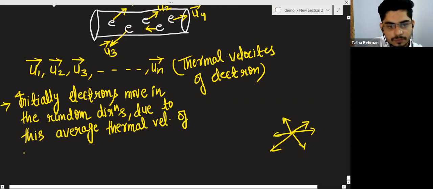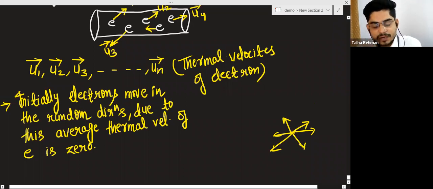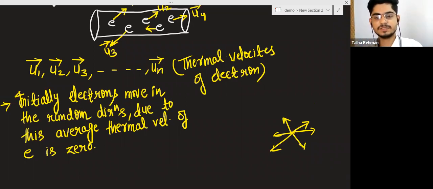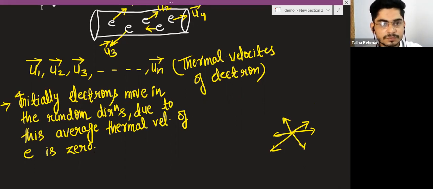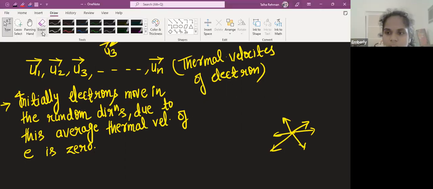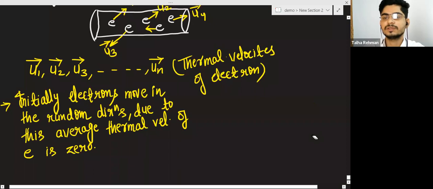Why are we considering the average thermal velocity of electron as 0? Because of vector addition, they cancel out each other. The velocities will cancel out each other.